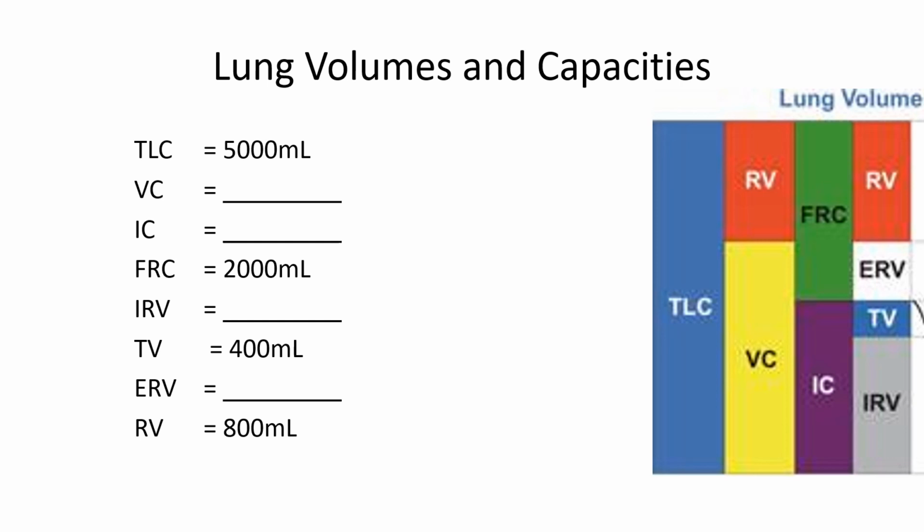Tidal volume is 400. Reserve volume is 800. Oh, why'd you make it so hard for us now? All right, solve this guy first. 4,000. Solve this guy second. I think you guys got it.